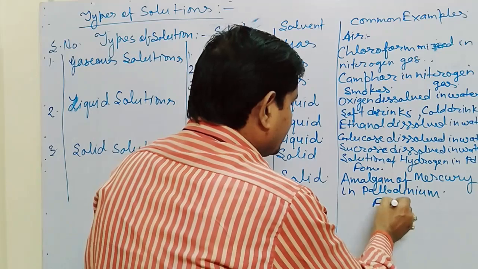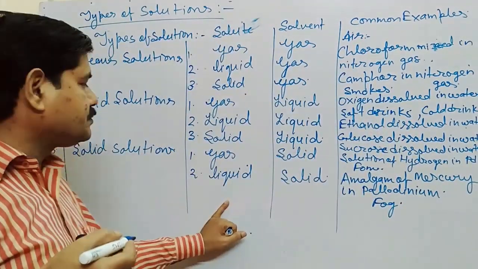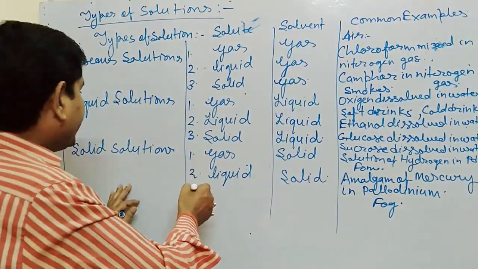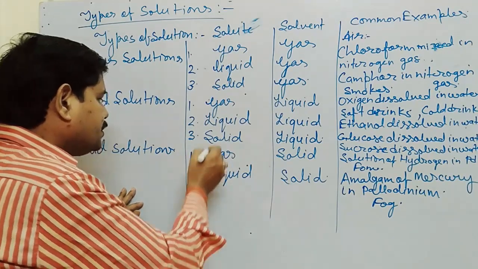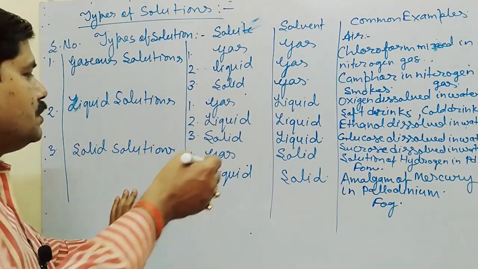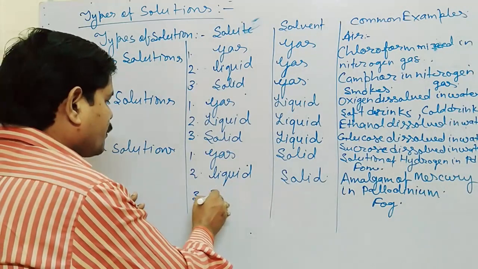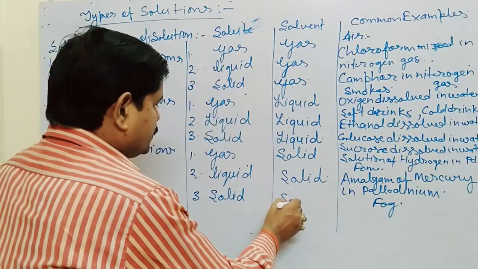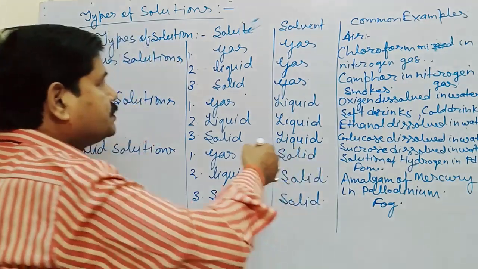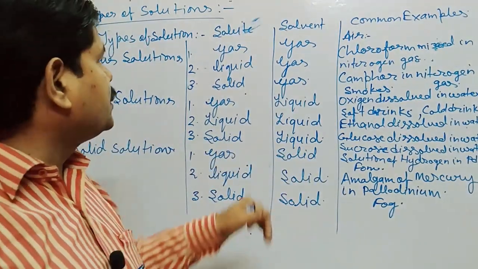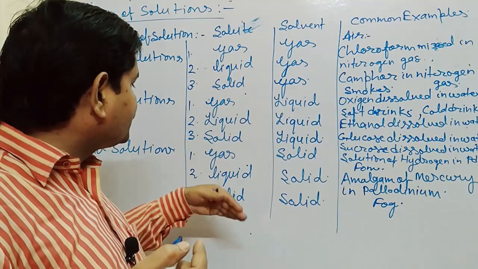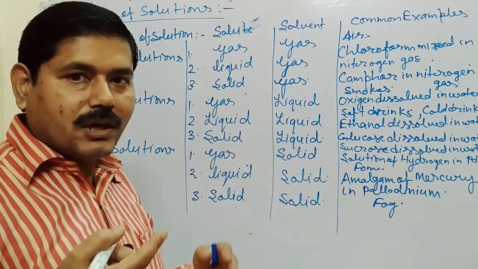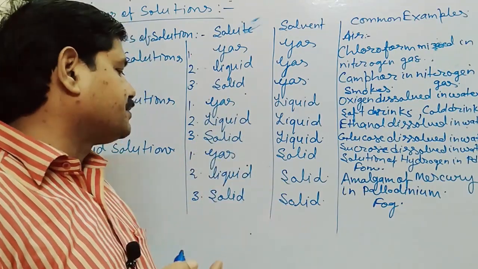Fog is the second example. The third type is solid solutions. In this type of solution, the solute and solvent are both in the solid state.